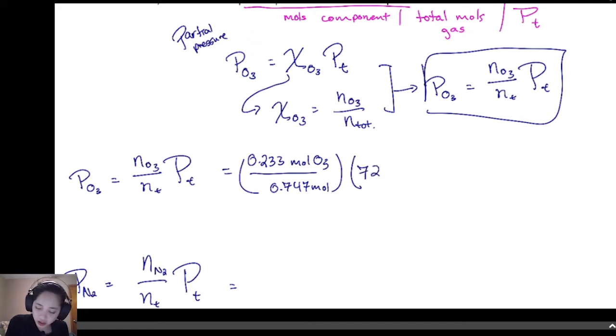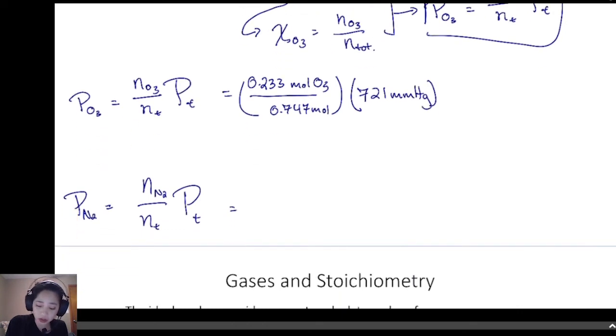Let's just stay in millimeters of mercury because the question didn't tell me what unit to put it in. If we look at our units, moles cancels from our mole fraction. The mole fraction doesn't have a unit because it's literally just a fraction. It's the number of moles of a certain component over total number of moles times pressure. So our unit will be left in millimeters of mercury.